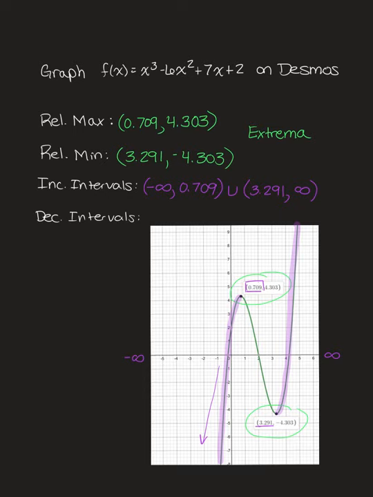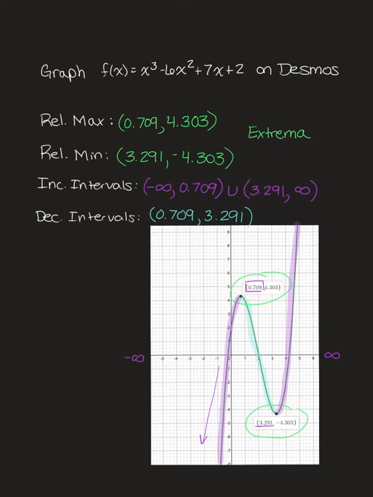Now the decreasing is just a little bit different. Okay, let's get a different color here. All right, so decreasing is going to be in between those maxes and mins. So the x value where it starts to decrease is 0.709, and where it stops decreasing is at 3.291.